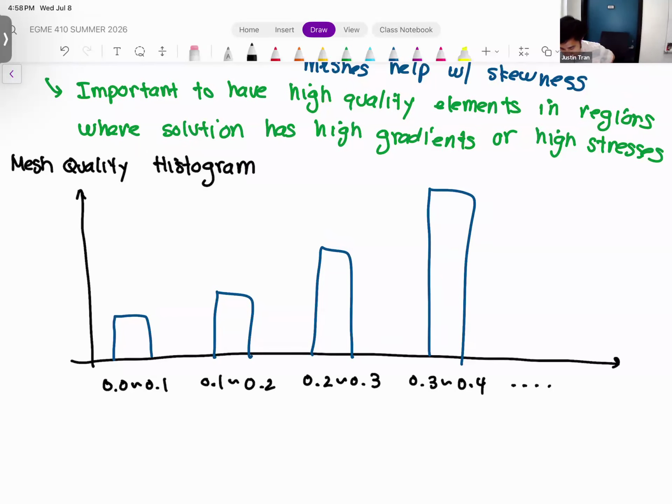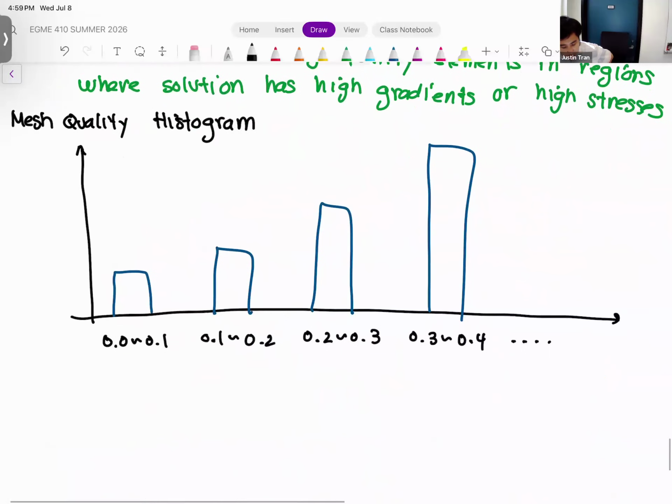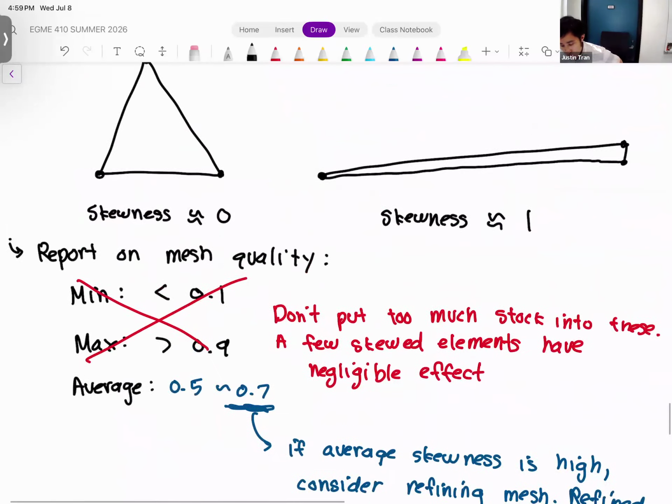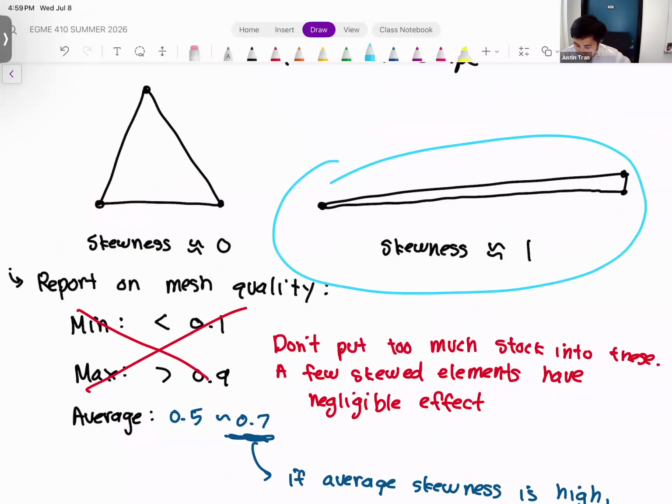Okay, good. So that's how we measure skewness, but we haven't really talked about yet why skewness is important, right? Why is it that for an element like this, this produces a lower quality solution? I've been very hand wavy about it so far. So let's talk about it. Okay.